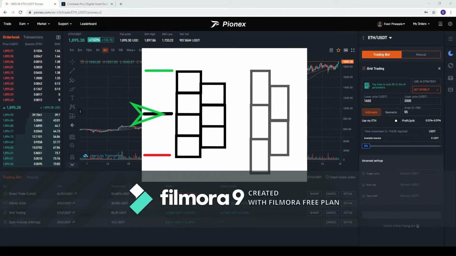If you have a lot of grids, you're going to have a lot of transactions, but at a lower profit. With fewer, bigger grids, you make more profit, but you're depending on that volatility within the parameters. So you really need to know where you're going to be, and you need to be a little bit more patient.